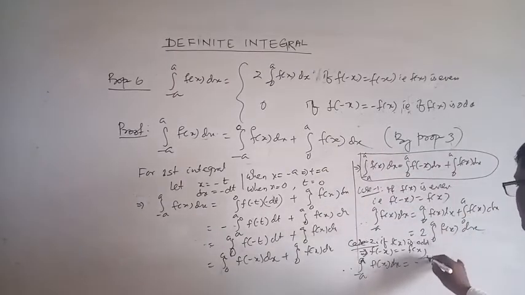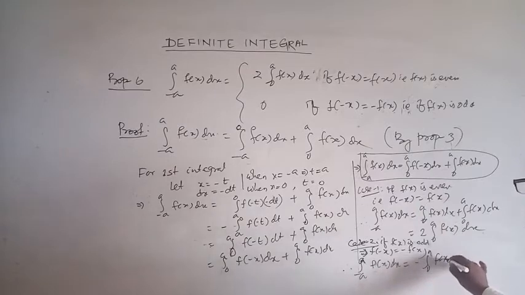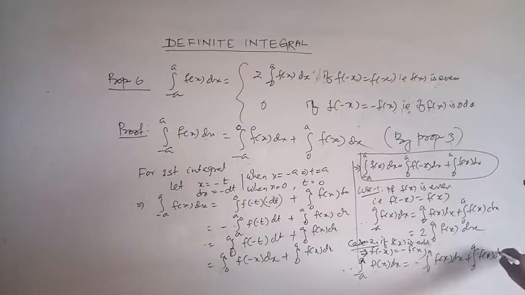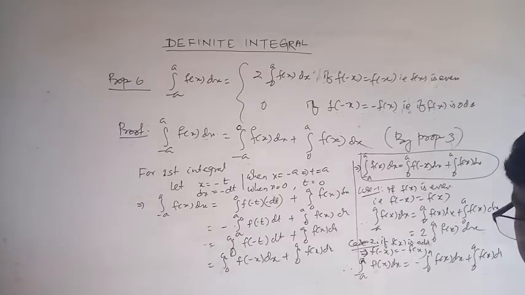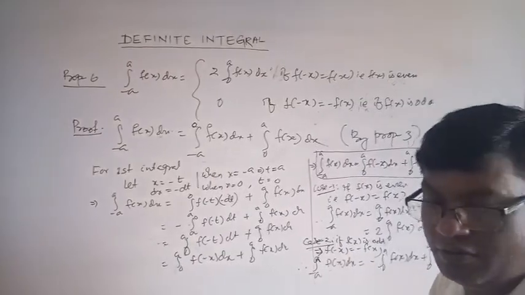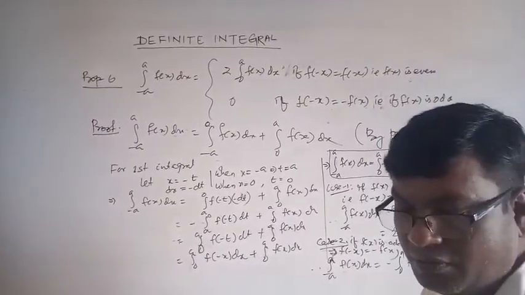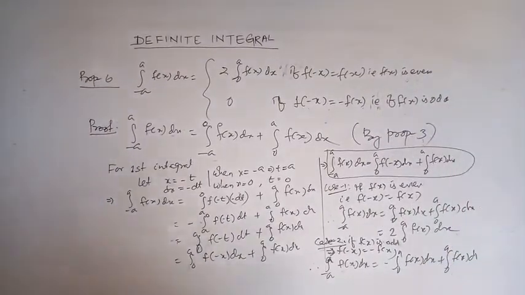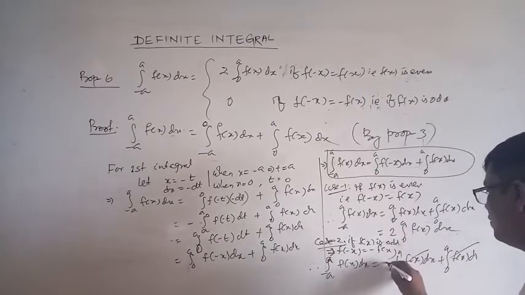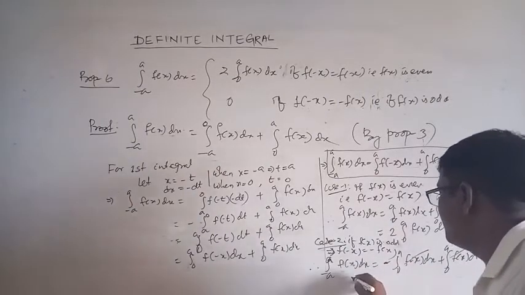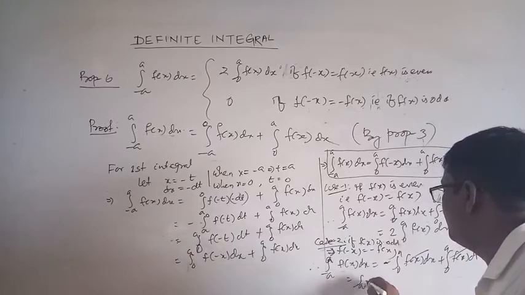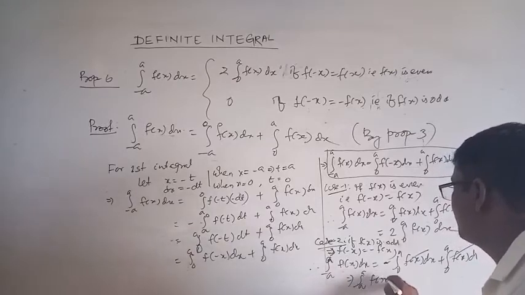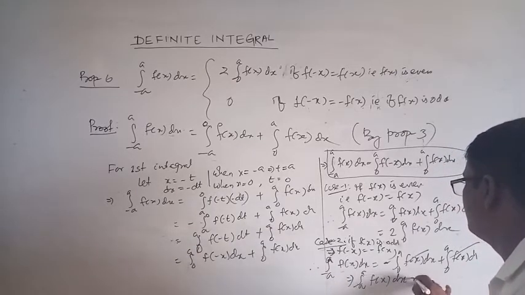Therefore the integral from minus a to a of f(x) dx is equal to minus the integral from 0 to a of f(x) dx plus the integral from 0 to a of f(x) dx. These cancel, so the integral from minus a to a of f(x) dx is equal to 0.